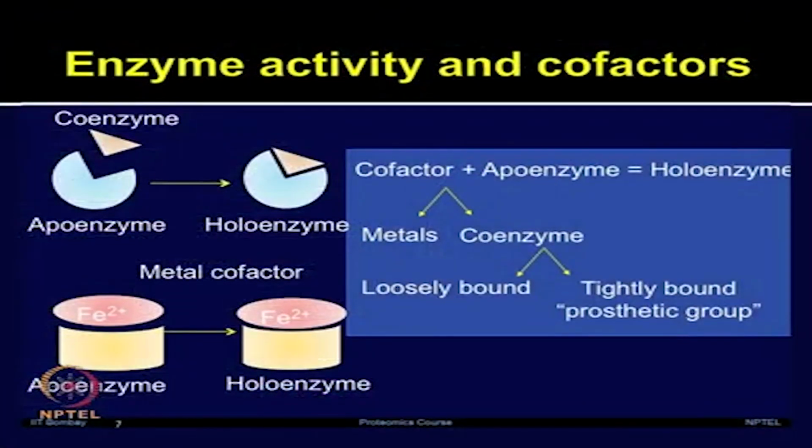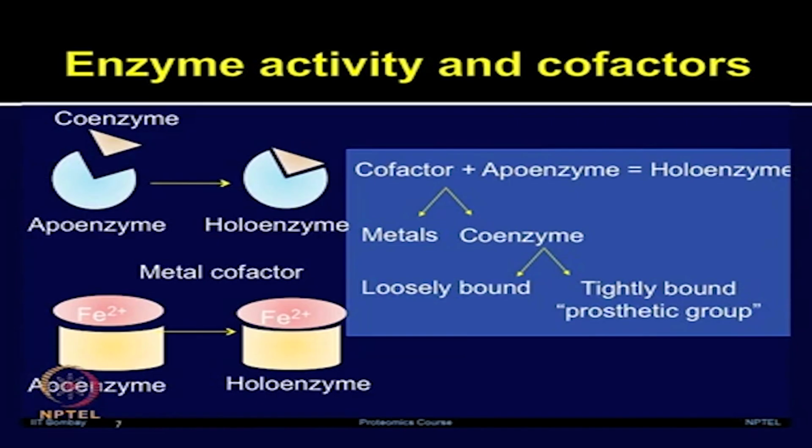So, let us talk about enzyme activity and how various cofactors govern this enzyme activity. Many enzymes' catalytic activity depends on the presence of small molecules which are known as cofactors. There could be two groups here as shown in the PPT, metals and small organic molecules.